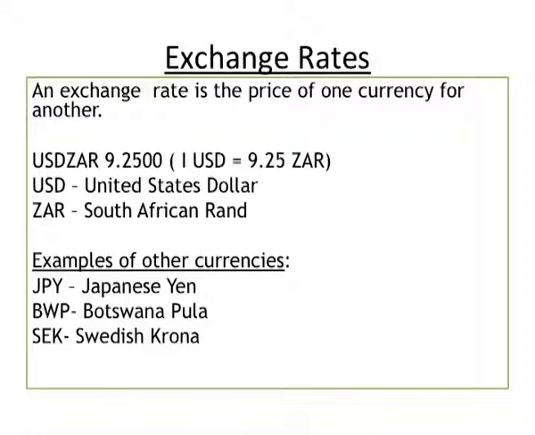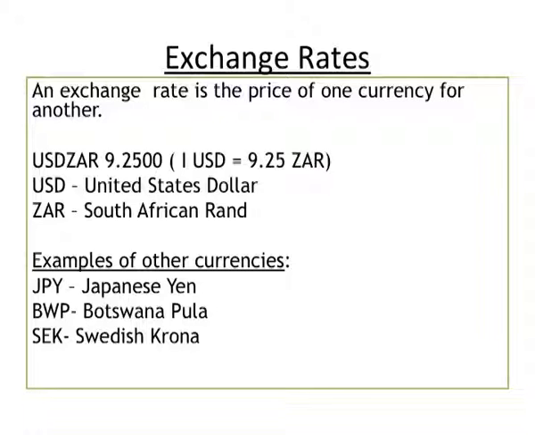Looking at exchange rate, an exchange rate is the price of one currency for another. For example, we have US dollar against rands, which we call the USD ZAR, which is at 9.25, meaning that $1 is equal to 9.25 rands. USD stands for United States dollar, and ZAR stands for South African rand.